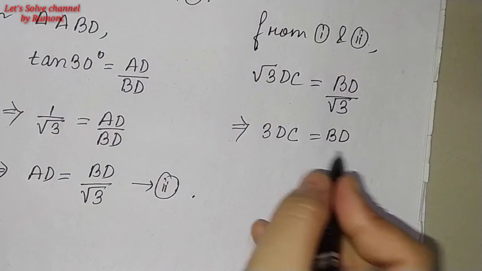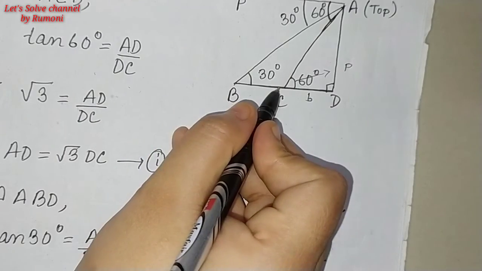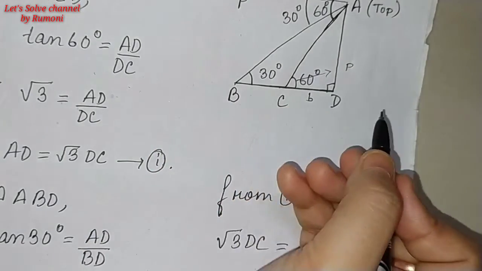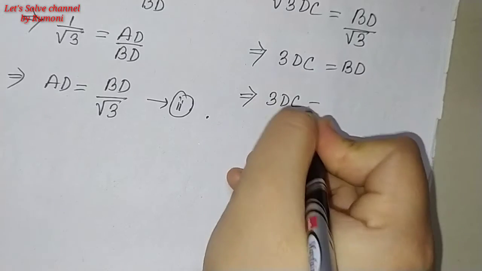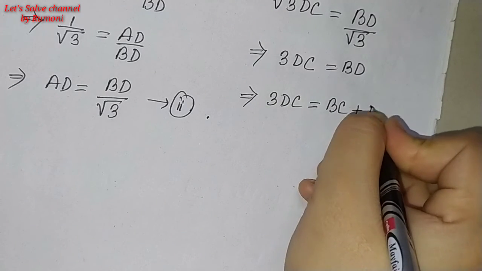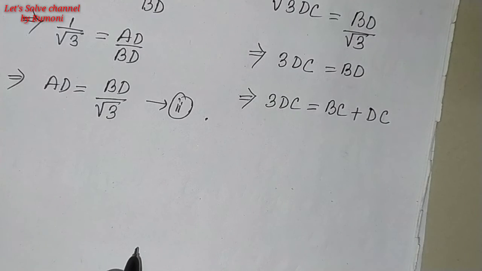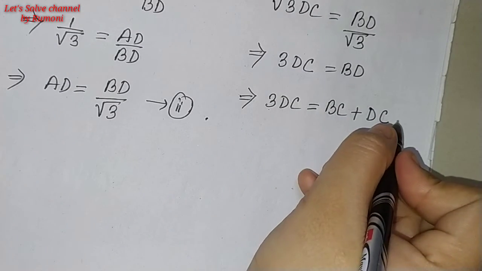Okay. And this BD, you can write it as what? BC plus CD. Okay. So here 3 into DC equal to BC plus DC. Okay. So students, you can see here 3DC and this one is DC.